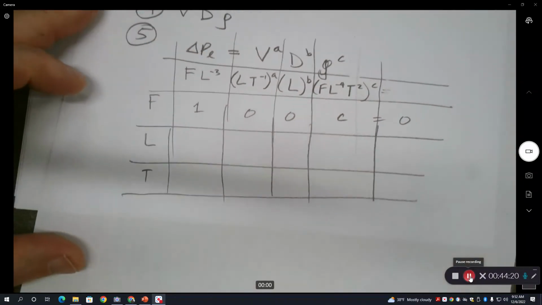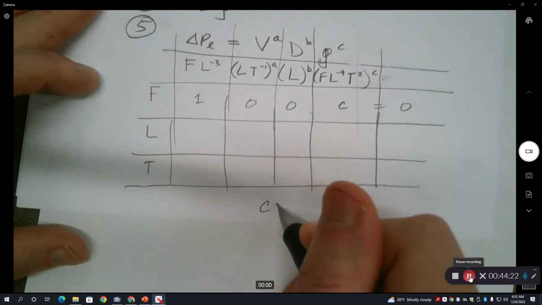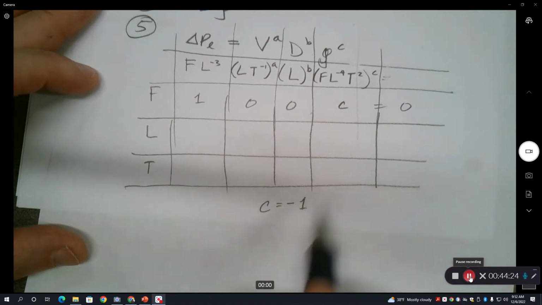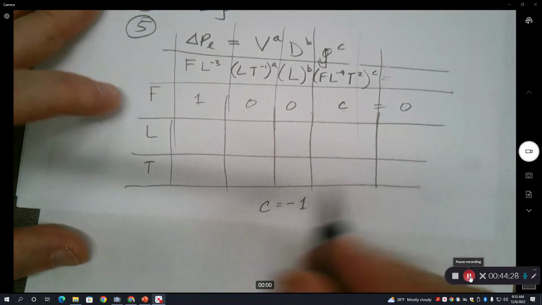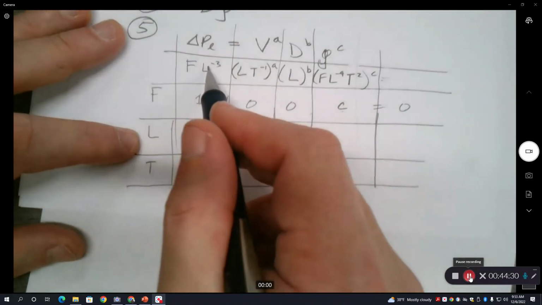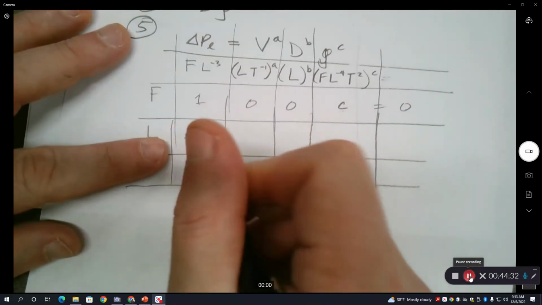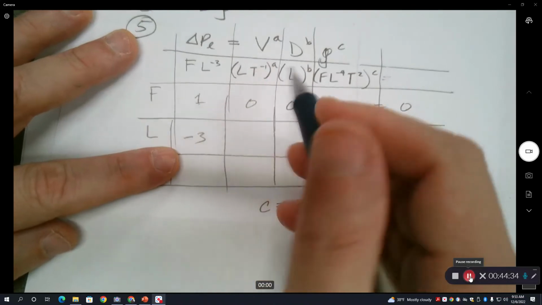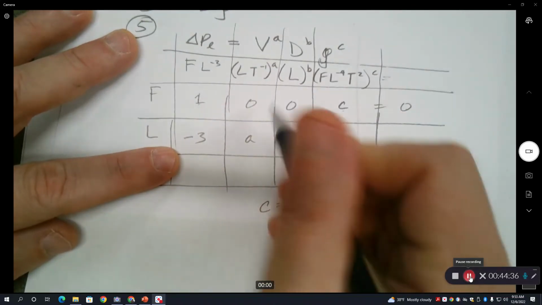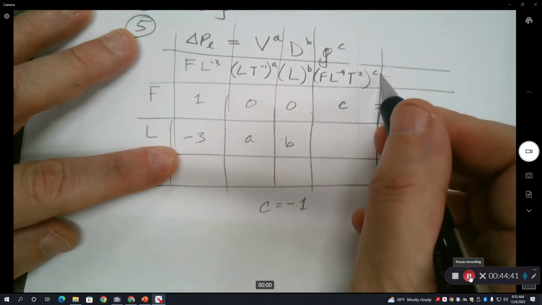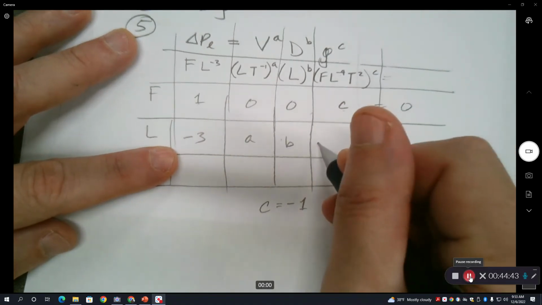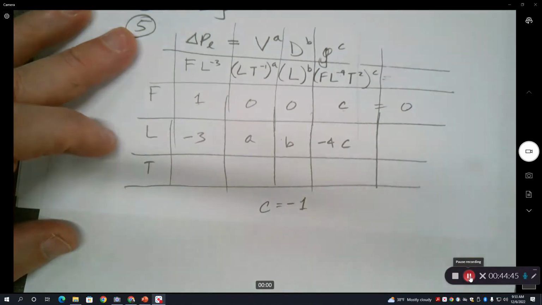So if I were to write that equation below, I immediately go C is equal to negative 1, because 1 plus C is equal to 0, so C equals negative 1. Then here I'm going to go negative 3, and then it's going to be A, B, and then negative 4C.